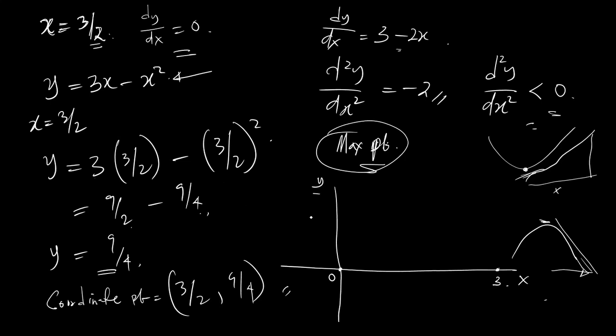Then at the maximum point, y is equal to 9 over 4, and x is equal to 3 over 2. So this is the maximum point. If we now draw this curve, it will be in this form.